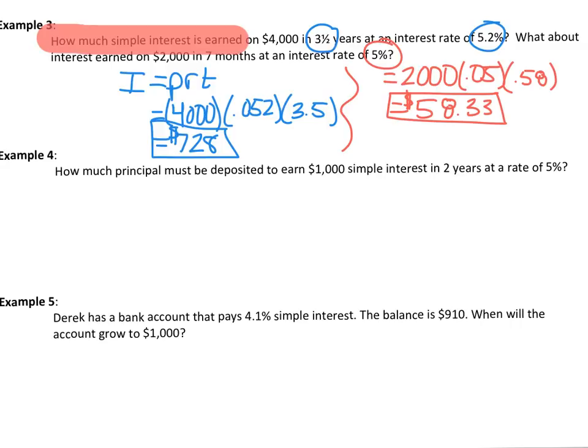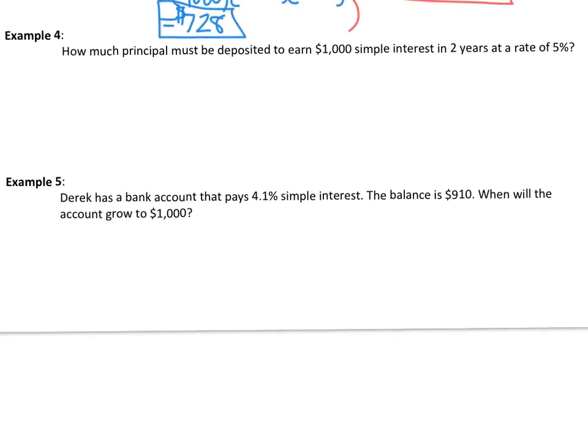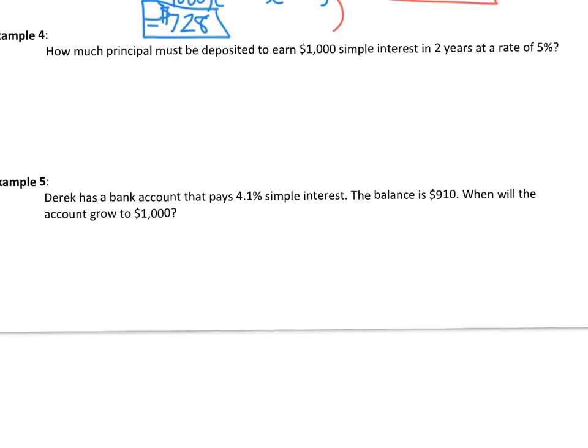They do start to then ask different questions. Looking at these problems, you have to be careful and make sure you understand what they're asking for. In number 4 it says, how much principal must be deposited to earn $1,000 in interest in 2 years at a rate of 5%. So this one is asking for the principal.